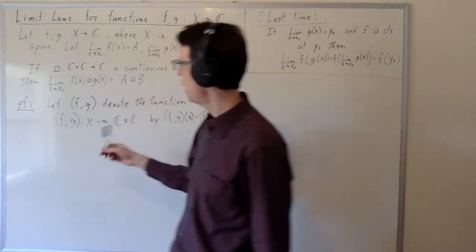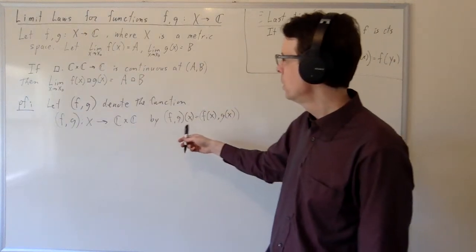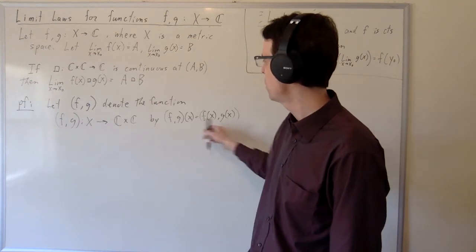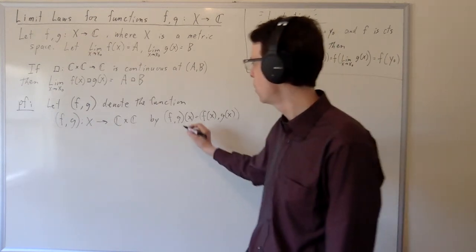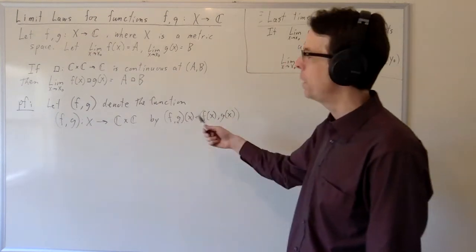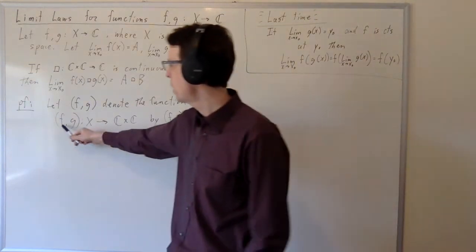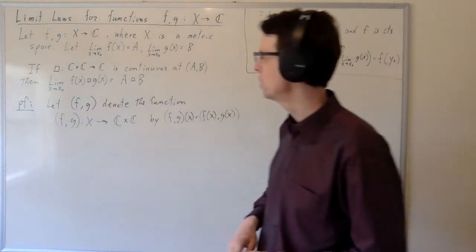Basically, I have two functions, f and g, and I'm tying them together. Each one gets to be a coordinate. The f of x gets to be the first coordinate of this function. g of x gets to be the second coordinate. This might remind you of parametric functions in a different context. So we're just creating this function f comma g, which maps from x to C cross C.